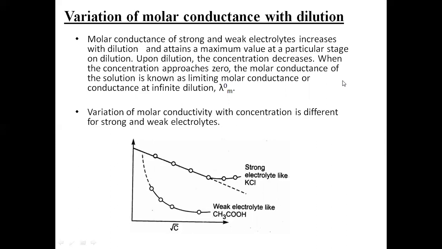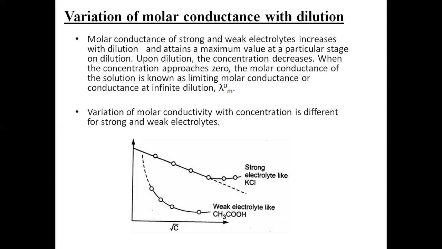This stage is known as infinite dilution, which can be considered as a stage of zero concentration. For example, we draw a graph with molar conductance on the y-axis and the square root of concentration on the x-axis. That is how we can find the molar conductance at infinite dilution.